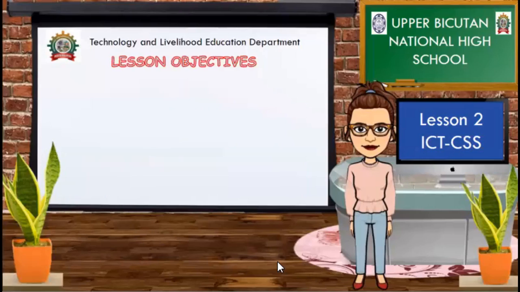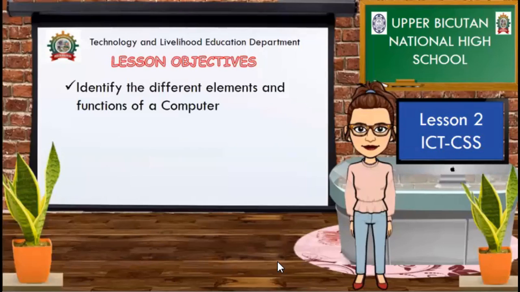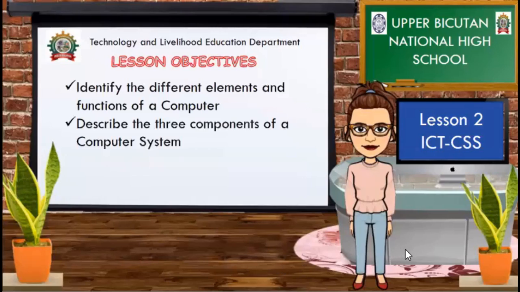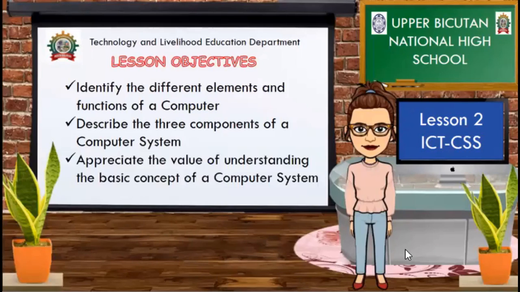For today's lesson objectives, number 1, identify the different elements and functions of a computer. Number 2, describe the 3 components of a computer system. And lastly, appreciate the value of understanding the basic concept of a computer system.